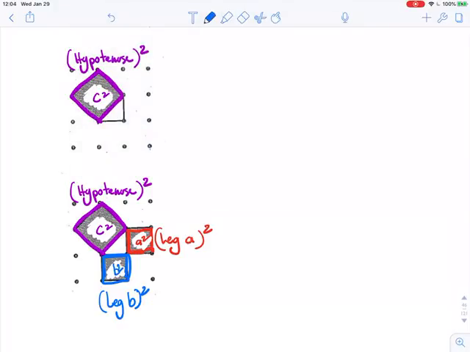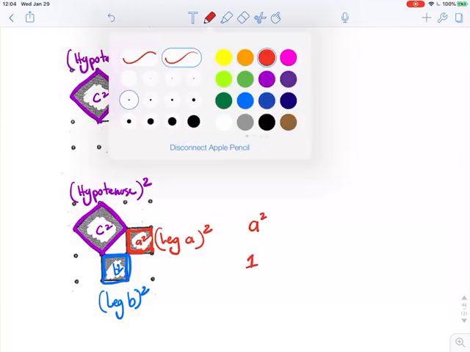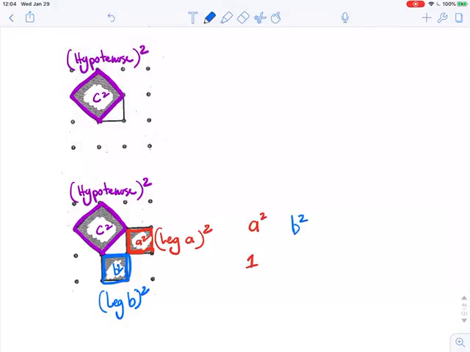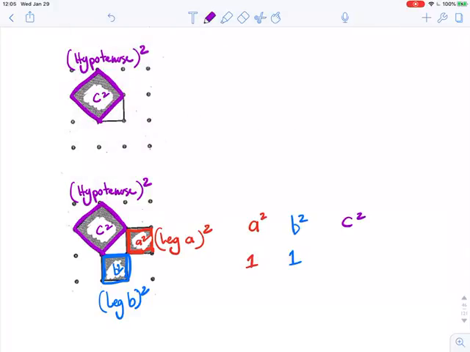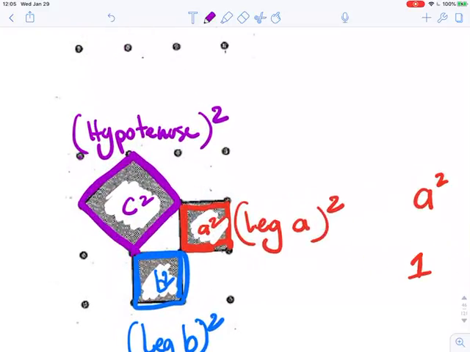Now, we do know a couple things. We know that A squared is a 1 by 1, so A squared is equal to 1 unit. We know B squared is also equal to 1 unit. Well, let's figure out what C squared is. Let's zoom in here.